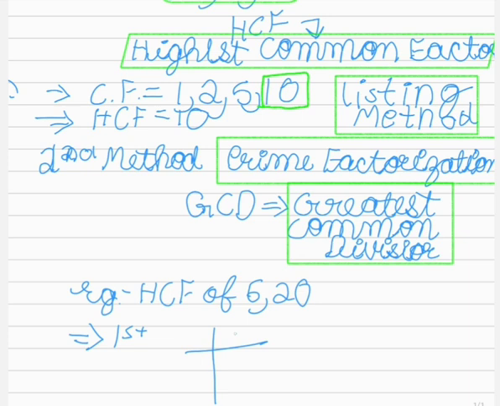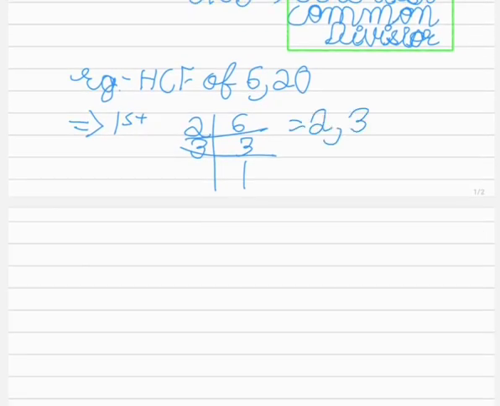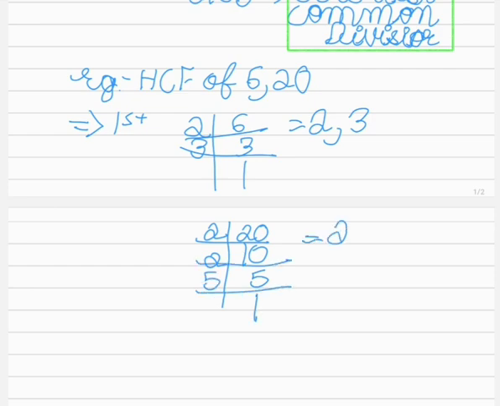First we will take 6: 2 times 3, so the factors are 2 and 3. Second number, 20: divided by 2 is 10, divided by 2 is 5, divided by 5 is 1. So the factors of 20 are 2, 2 and 5. And if you multiply them, 2 into 3 is 6, and 2 into 2 into 5 is 20.